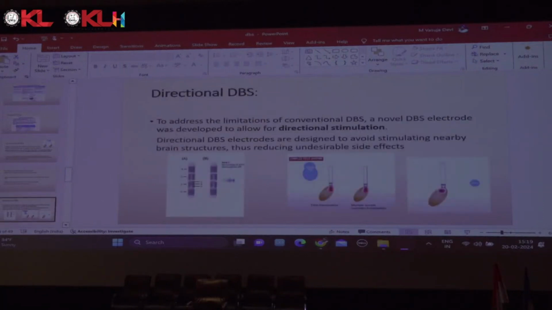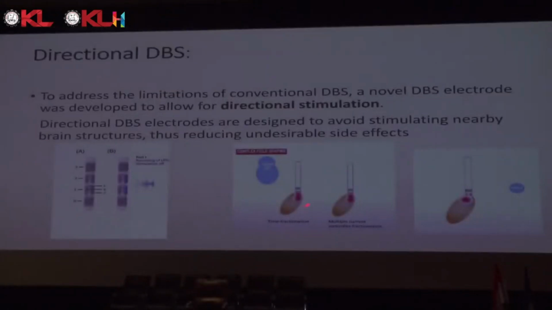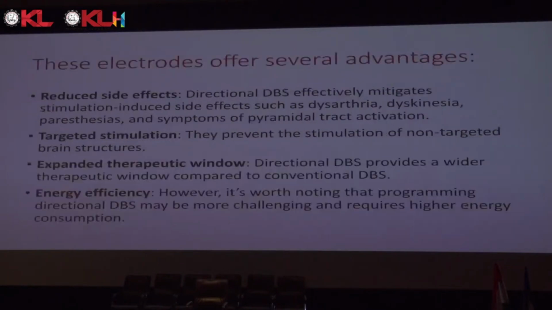So, directional leads. Here the stimulation we can change. We can steer to one side, or make multiple current controls, and we can also use circular stimulation. This is the advantage of the new leads, which mainly give reduced side effects and targeted stimulation.